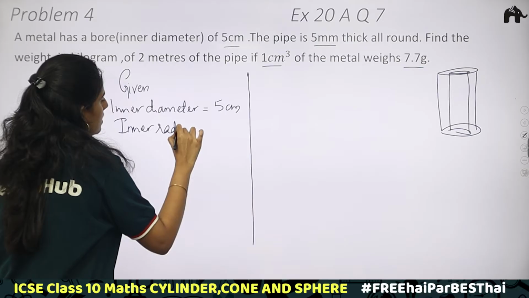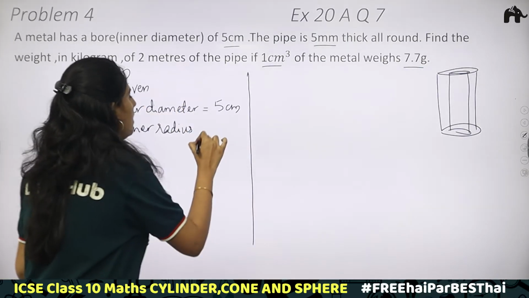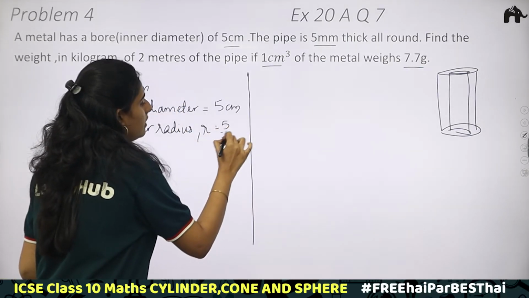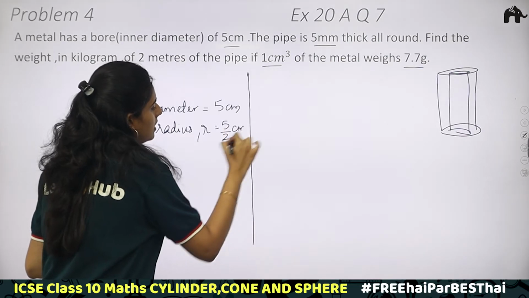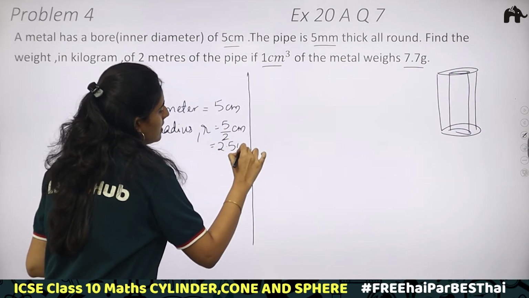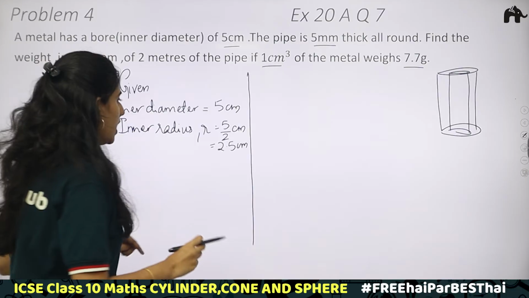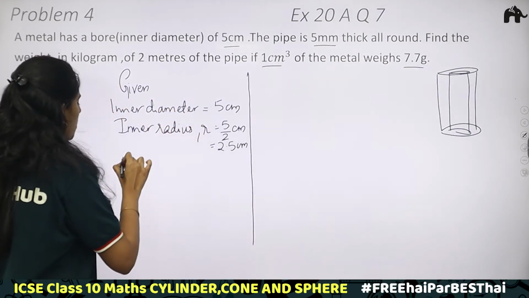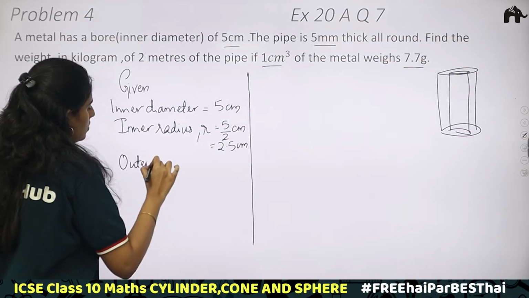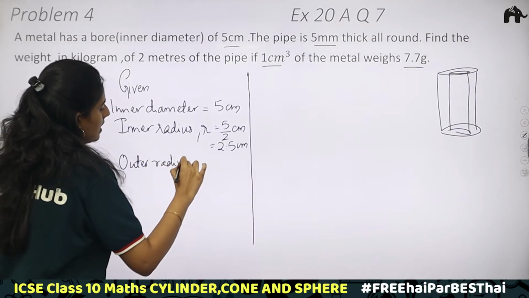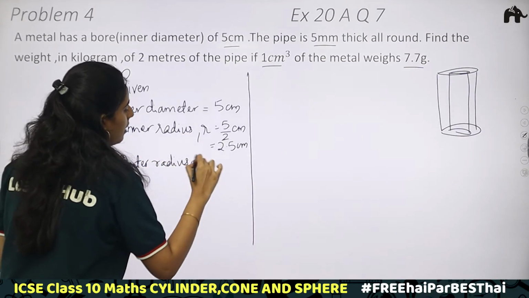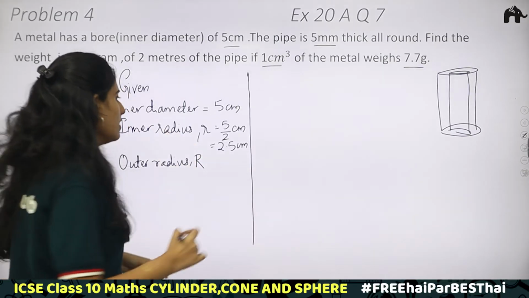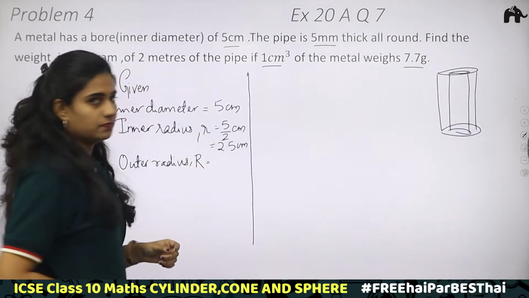Inner radius r is equal to 5 divided by 2 centimeter or 2.5 centimeter. We know that radius is half of diameter. What about the outer radius? Outer radius or the external radius? Capital R. We'll take this as capital R is equal to.